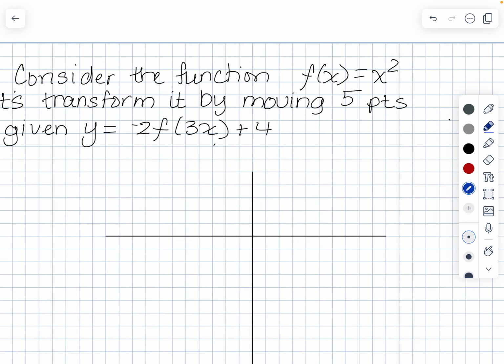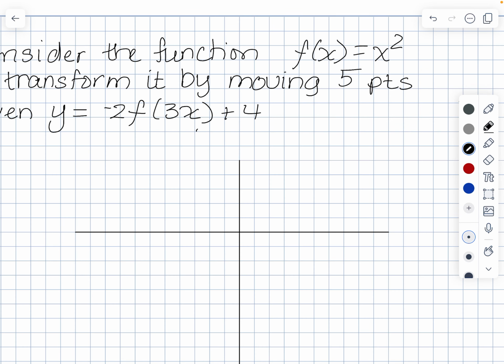Okay, so we're going to start with just the parent function here. So we'll just do negative 2. So we're going up to this function right here. If we plug in negative 2, squared is positive 4. Okay, so negative 2, 4; negative 1 squared is 1, so negative 1, 1; 0 squared is 0, right? 1 squared is 1, and then 2 squared is 4.